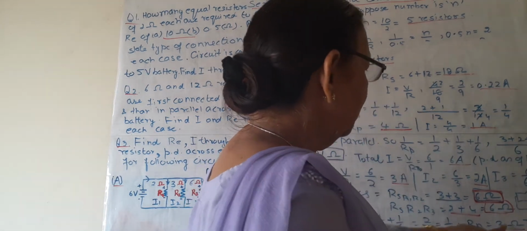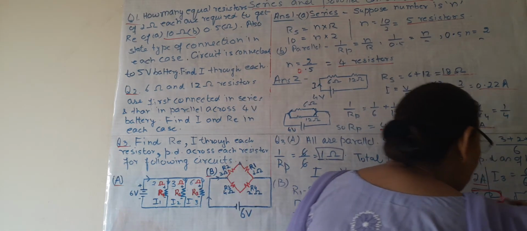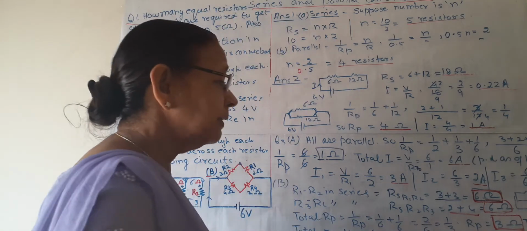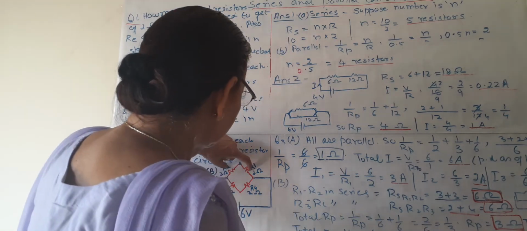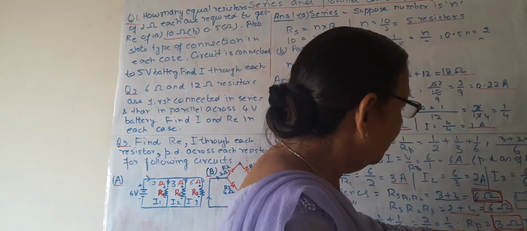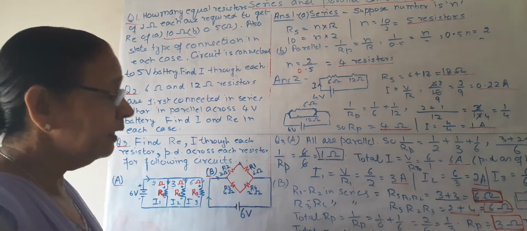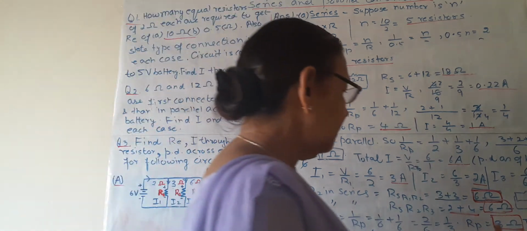So it is 3 ohm. This is the total Rp of the system, R of the system. They are in parallel, and this 3 ohm is the total resistance of the system. So this is one thing.